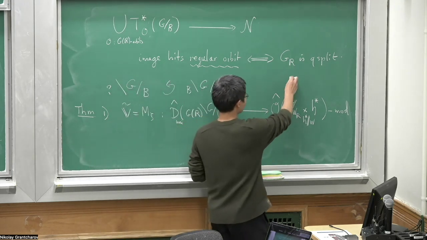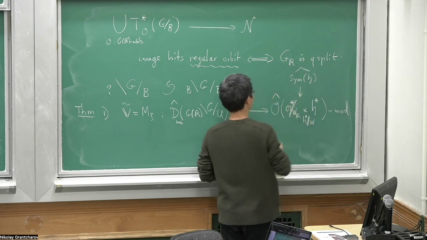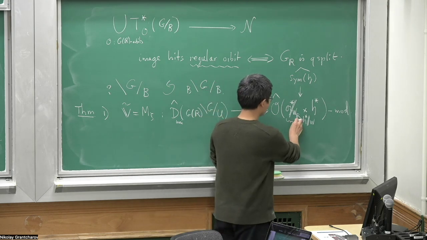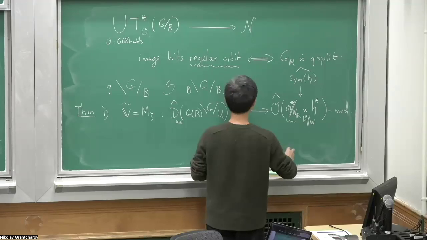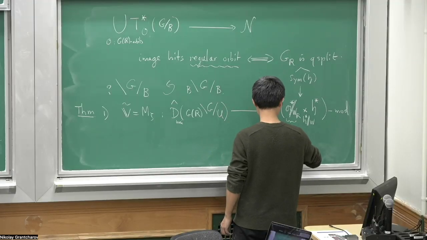That part is easy. This part is less clear. What is A? So A is the algebra of the maximal split torus.